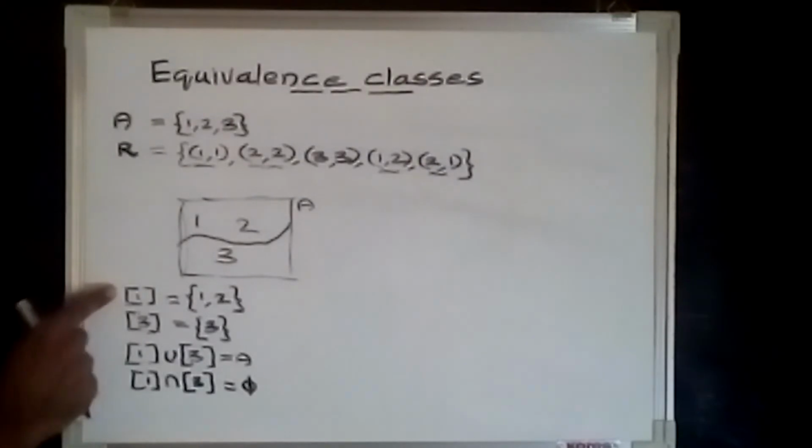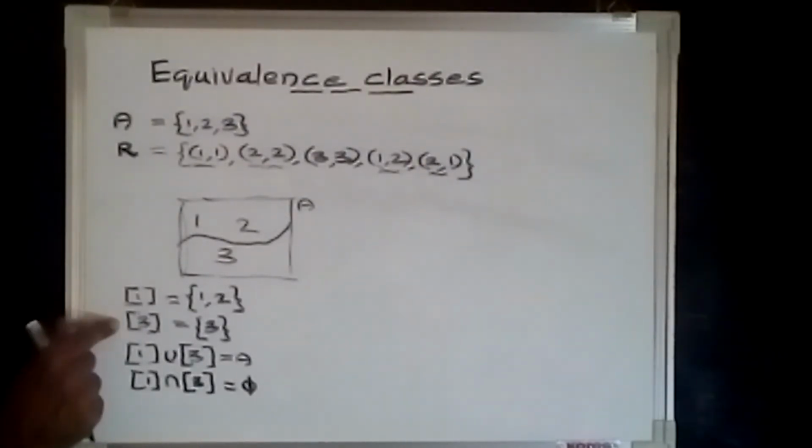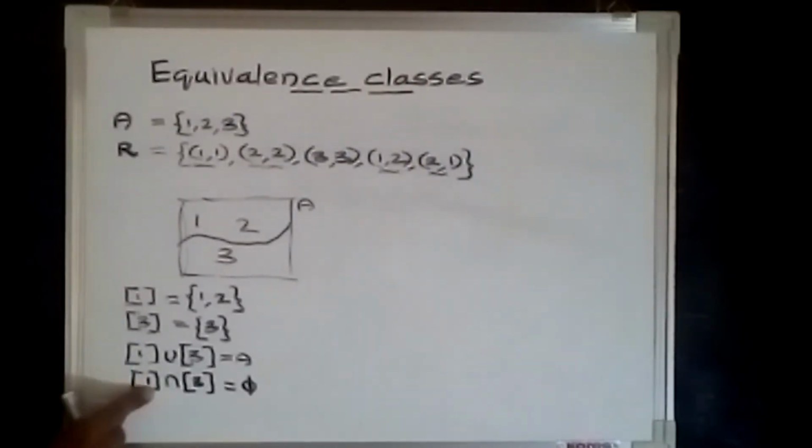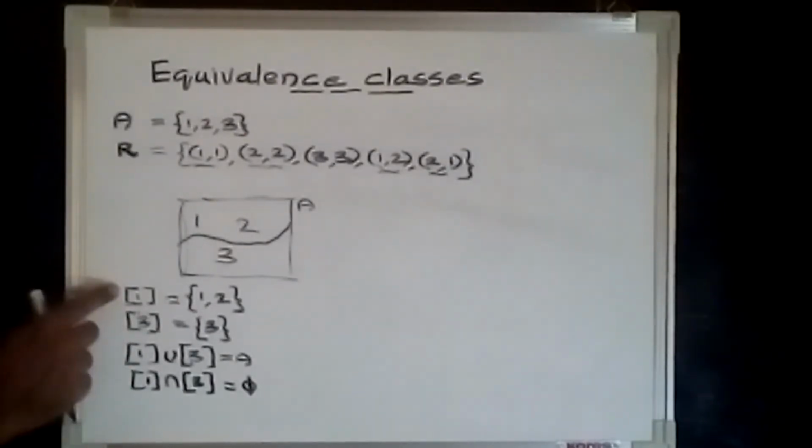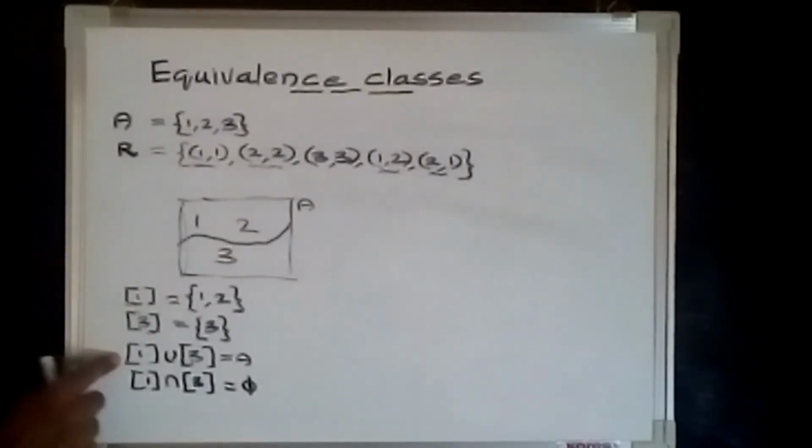As the classes have no elements in common, class 1 intersection class 3 equals the empty set. Thus, we have subdivided the given set A into two mutually disjoint equivalence classes as their union is the given set and their intersection is empty.